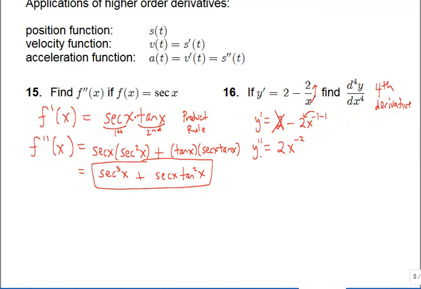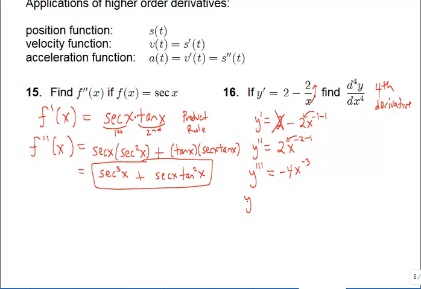Now that's your second derivative, so if I take the derivative again, that'll be y triple prime, or my third derivative. Bring down the power times the 2 that's already there makes this a minus 4, and when I subtract 1 from the power, the new power becomes a minus 3.